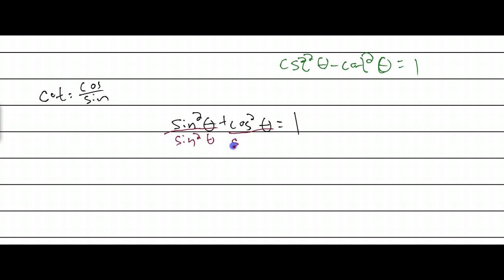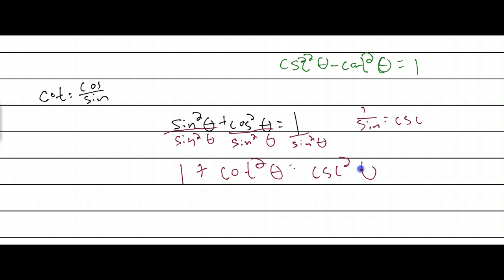Sine squared over sine squared is just 1. This is cotangent squared, because we just talked about it. And 1 over sine is just cosecant, so this is going to be cosecant squared theta.